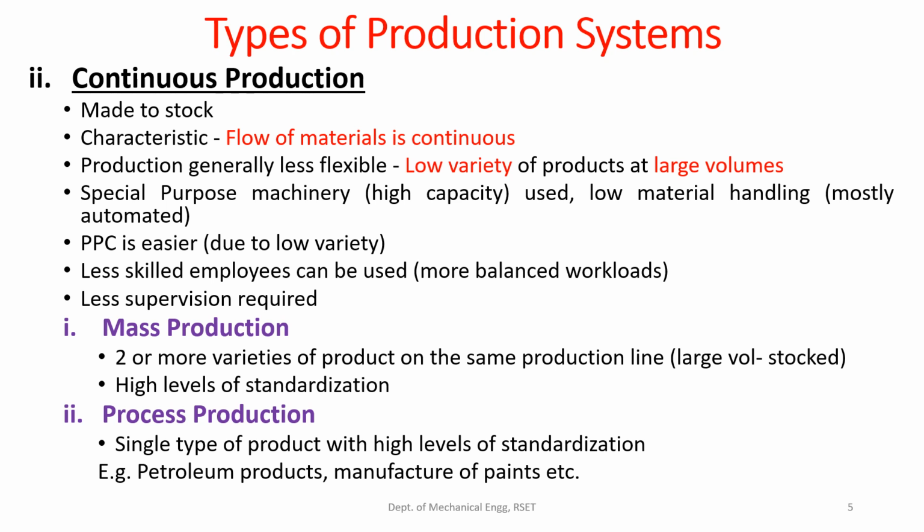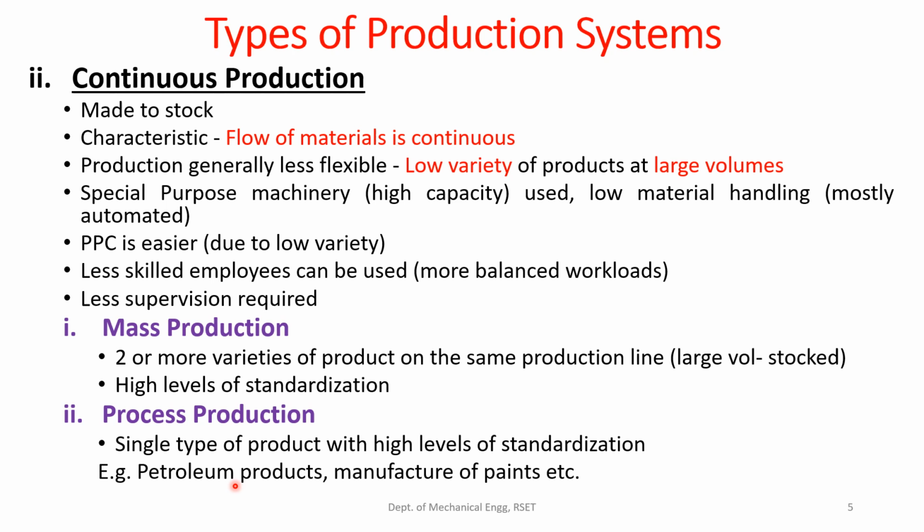The second kind of continuous production system is process production, where you have a single type of product being manufactured in very high quantities and with very high levels of standardization. An example for this would be manufacturing of petroleum products, manufacturing of paints, etc. Now, as you all know, petroleum processes involve the refinement of crude oil, and the process that is used to produce different fractional distillation products like petrol and diesel remains the same.